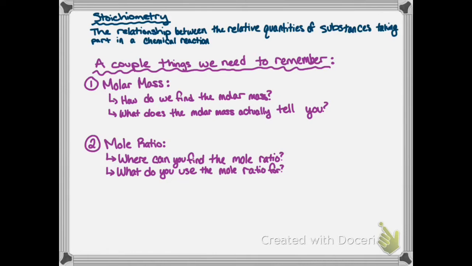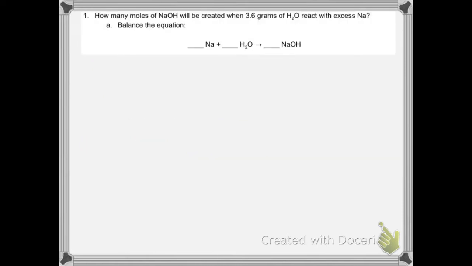We use that mole ratio to compare between two different elements or compounds in a balanced equation. The only time we can set up a mole ratio is when we have a balanced equation. Most of the time we are going to go from elements of the reactants to elements of the products, or from the products back to the reactant side.